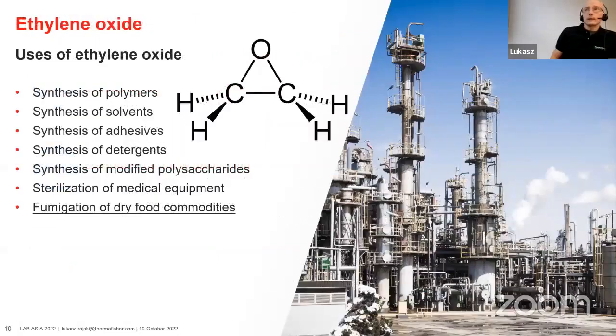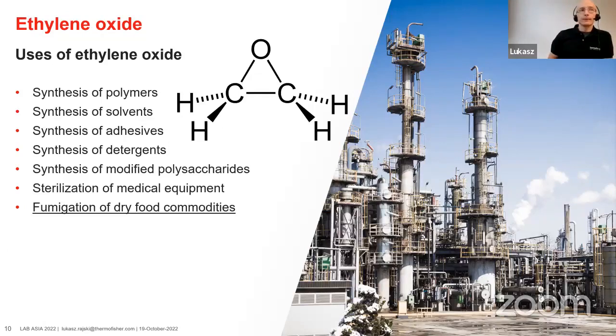Okay, so after this software related introduction, now we can talk about ethylene oxide. Well, what is ethylene oxide? Ethylene oxide is a substance that has many applications in the industry.